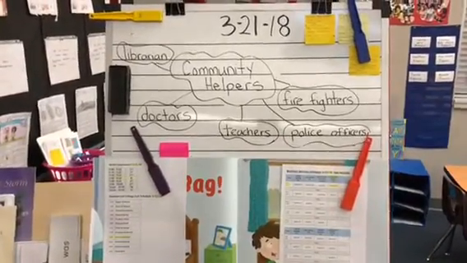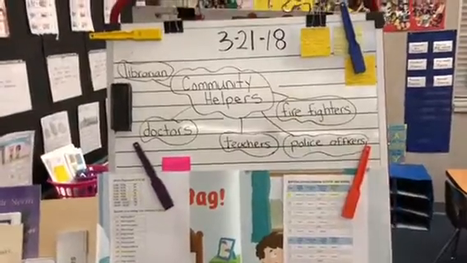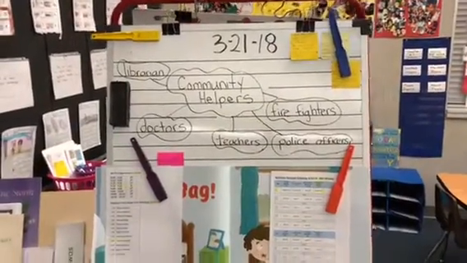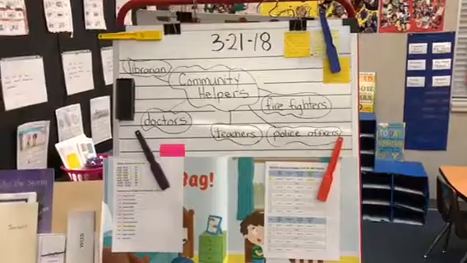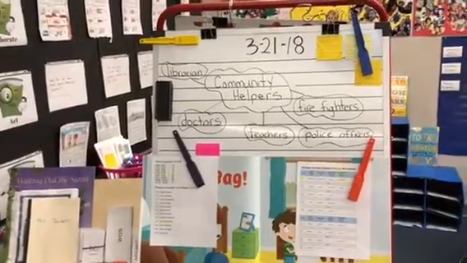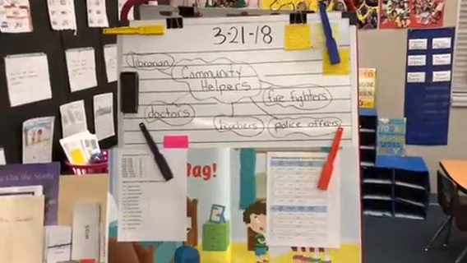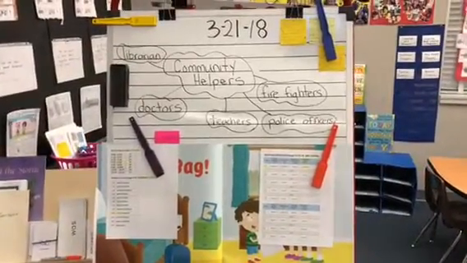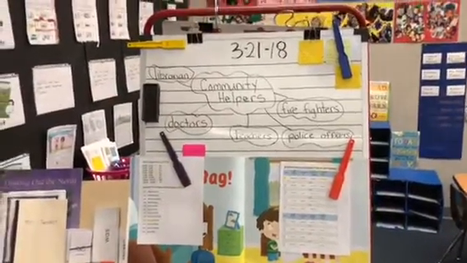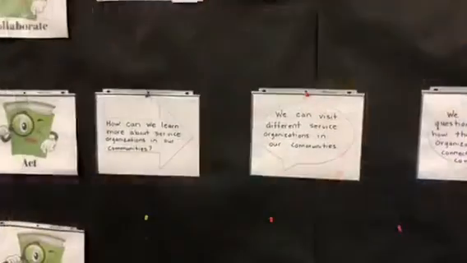So other than that, I would probably use the whole entire board. But for this week, since it's so busy, I'll use the top, and then I will use some butcher paper later on, and we'll do a different thinking map for each community helper. And of course I go over a lot more community helpers than just these, but this is just what I have up for now. Just wanted to show you that.